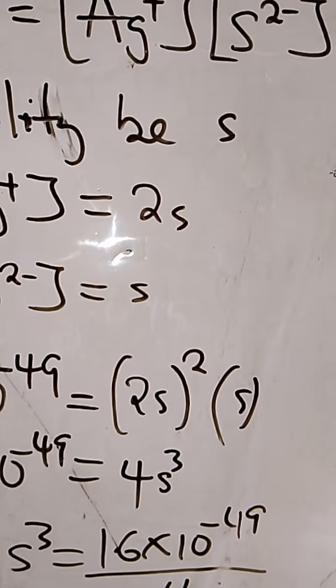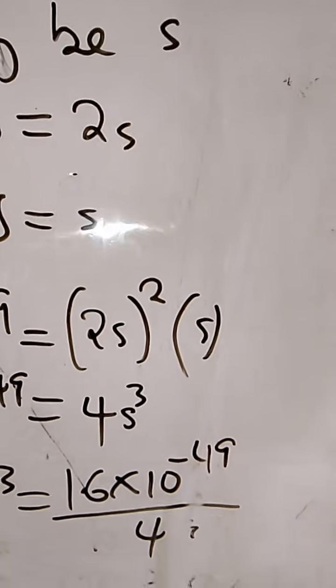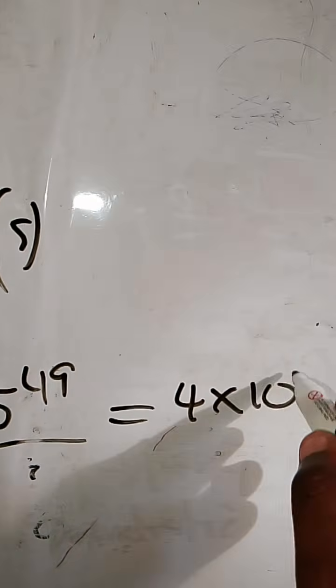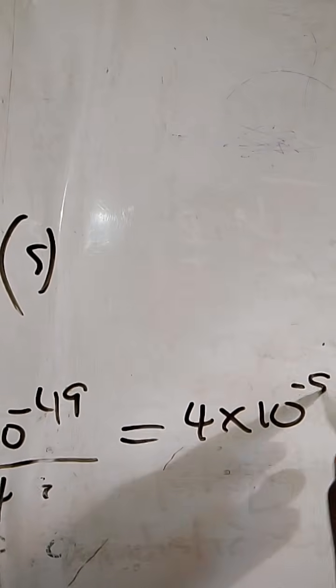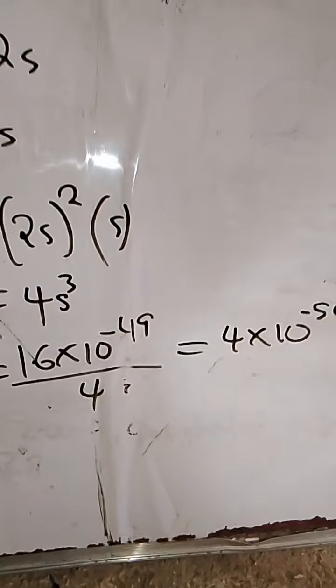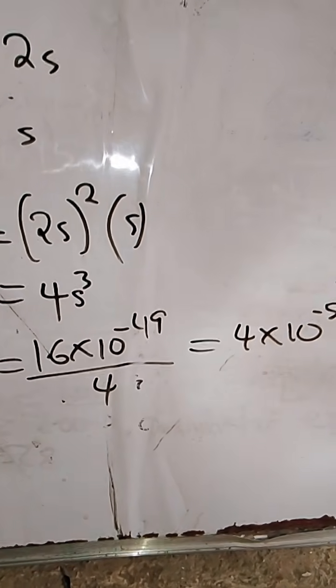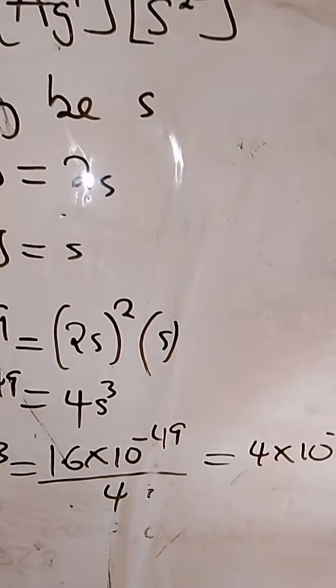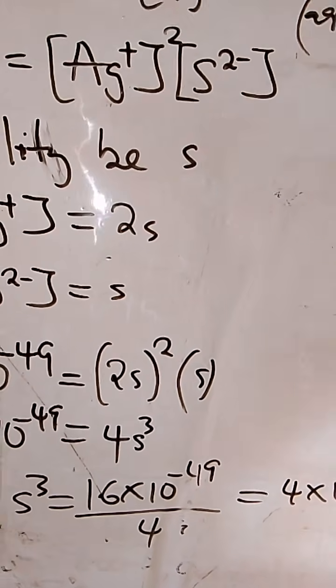When you divide by 4, you are going to get 4 times 10 to the power negative 50. So S cubed is equal to that. Then what we need is to calculate the value for S.